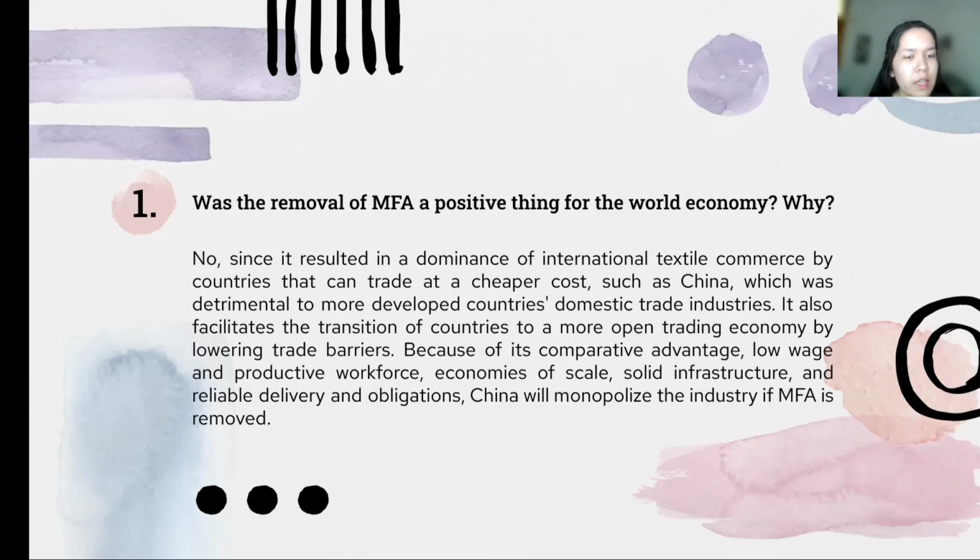And it also facilitates the transition of countries to a more open trading economy by lowering trade barriers. And because of its competitive advantage, low wage and productive workforce, economies of scale, solid infrastructure, and reliable delivery and obligation, China will monopolize the industry if the MFA is removed.